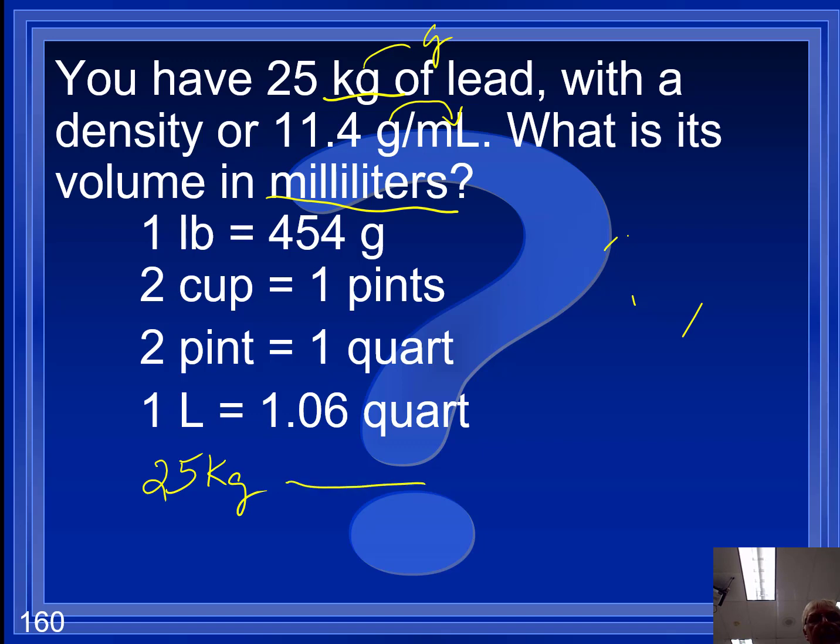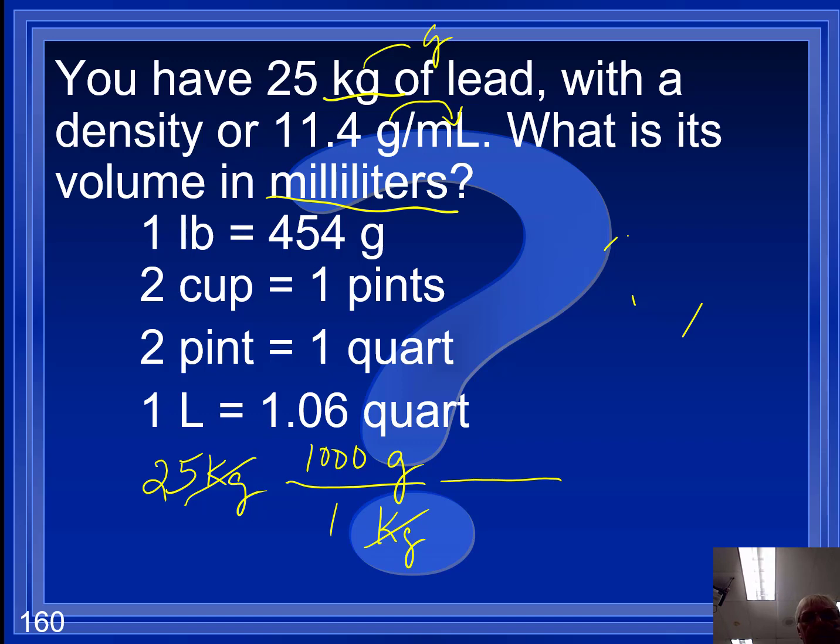Make my first conversion factor. Get rid of kilograms. What can I turn kilograms into? I can turn kilograms into grams. Which is bigger, a gram or a kilogram? Well, a kilogram is bigger, so it gets the 1. And the gram gets the 1,000. And kilograms have canceled out.